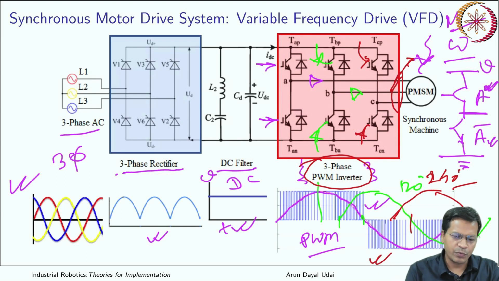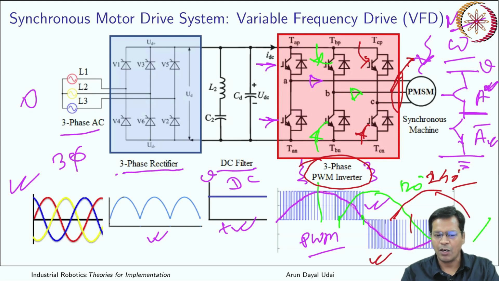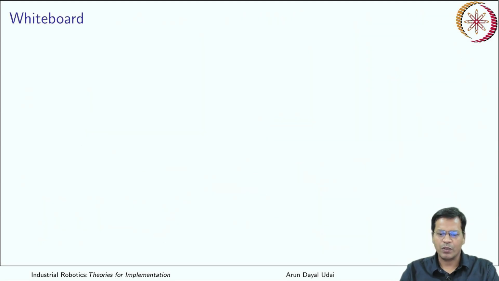The input frequency cannot be controlled, but the output one is in our control. So your PMSM, that is permanent magnet synchronous motor, is now fed with three-phase AC for which the frequency is under control, and you can have a variable speed rotating magnetic field, and you can control the speed of your motor. Got it? Okay.